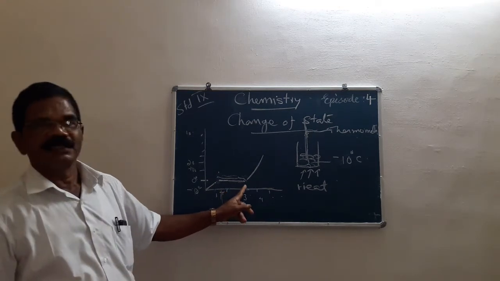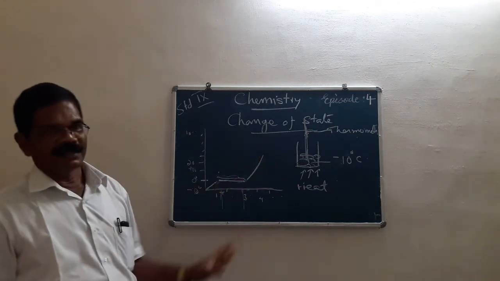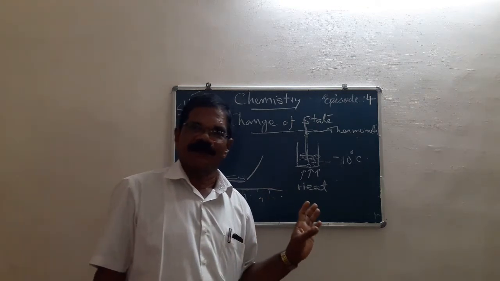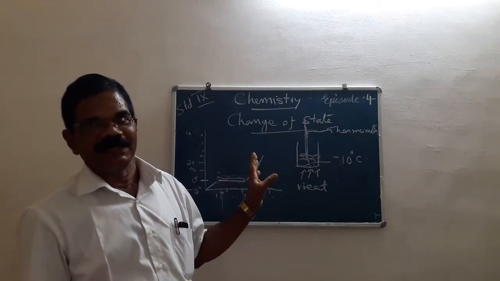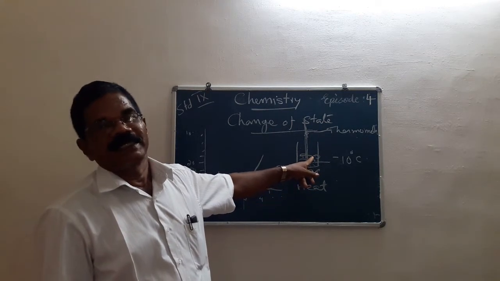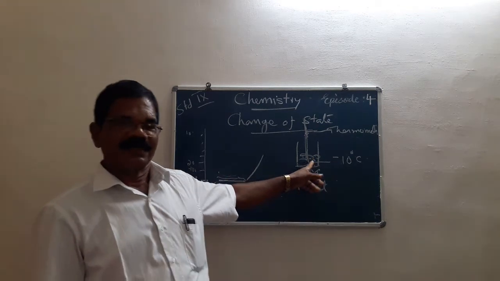In these 2 minutes there is no change in temperature shown in the thermometer. At that time the heating process is continuing, there is no stop. The heat we give to the ice is stored, or hidden, in the water molecules. That is latent heat.